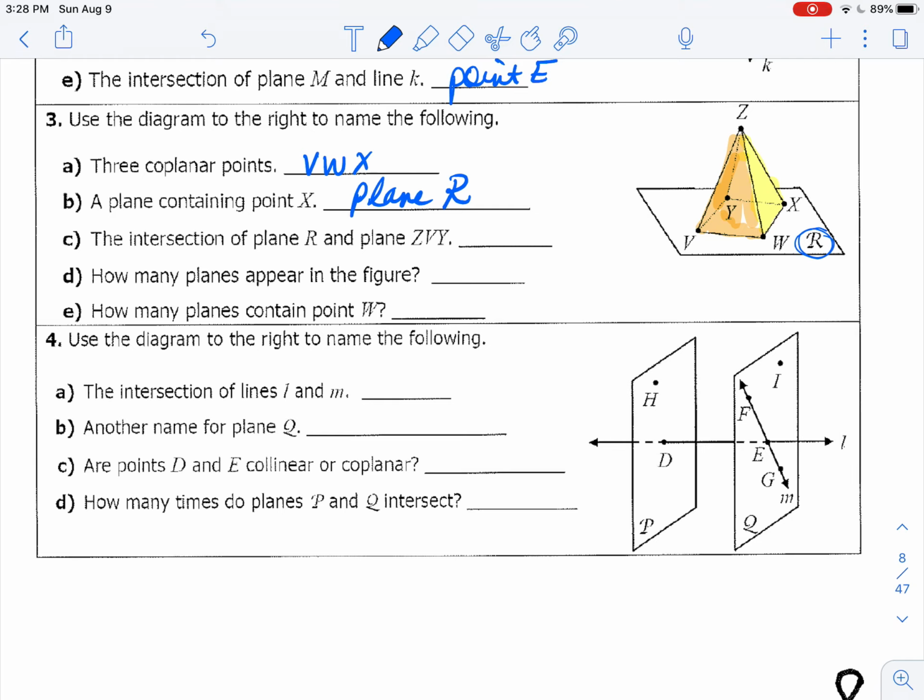The intersection of plane R and plane ZVY. So ZVY is going to be this plane over here on the left side, and the intersection is where those 2 planes meet. They meet at this line VY.